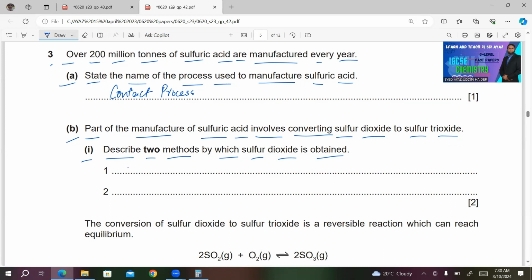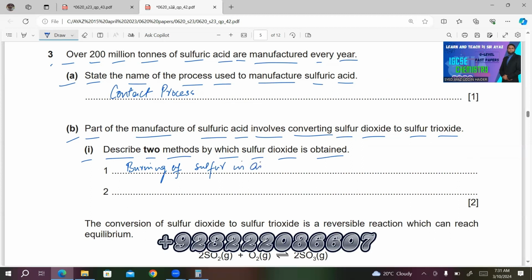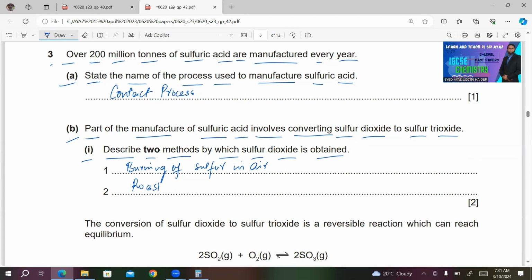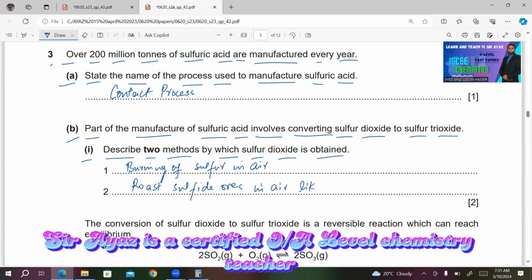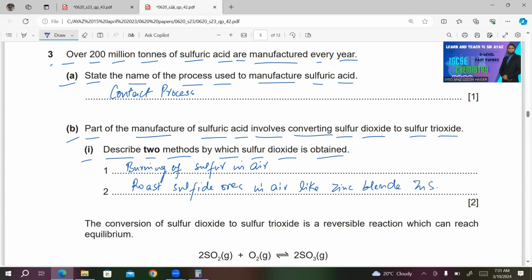So I will write burning of sulfur in air, or you can roast sulfide ores in air like zinc blend. Zinc blend is ZnS.